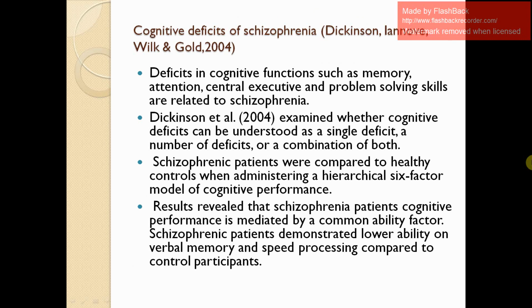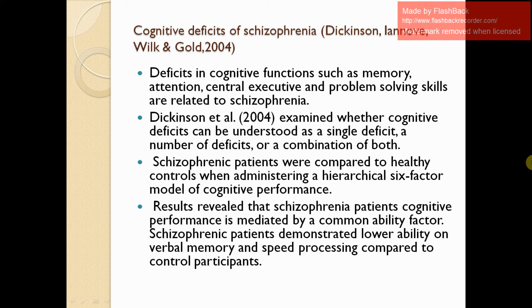Cognitive defects of schizophrenia. So defects in cognitive functions such as memory, attention, central executive, and problem-solving skills are related to schizophrenia. Dickinson et al. 2004 examined whether cognitive defects can be understood as a single defect, a number of defects, or a combination of both.